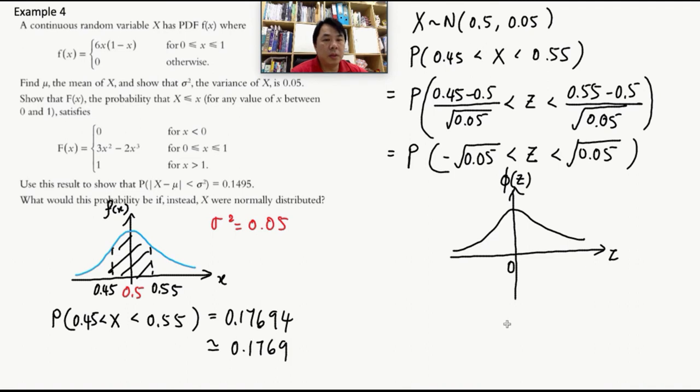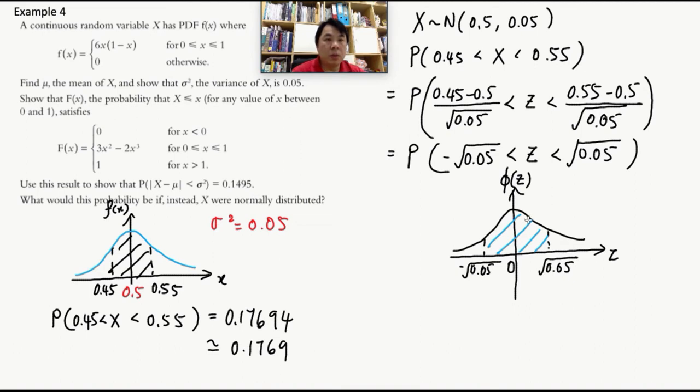The mean will be 0, and we are looking at a negative square root of 0.05 and another value which is square root of 0.05 here. Therefore, we are interested to find out the area under the graph here.